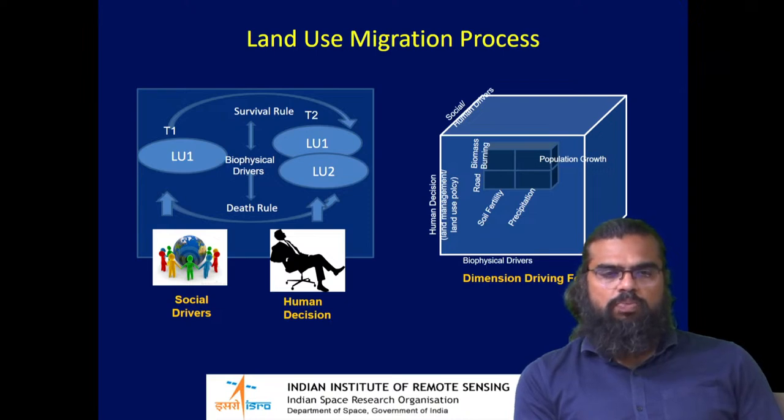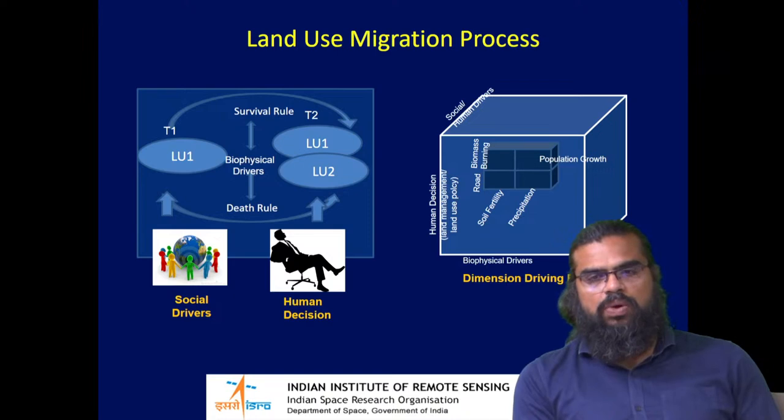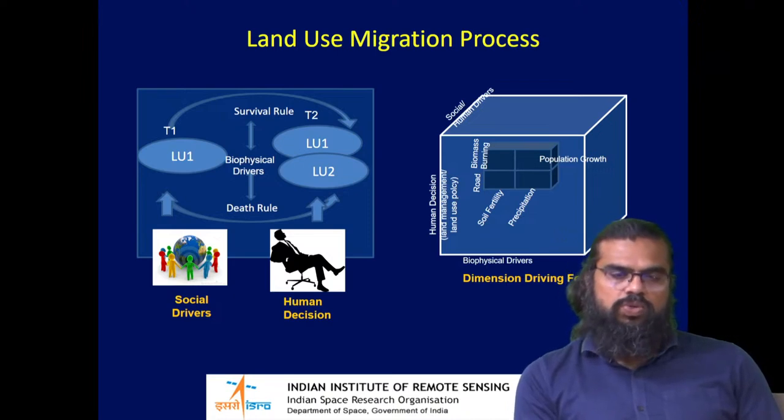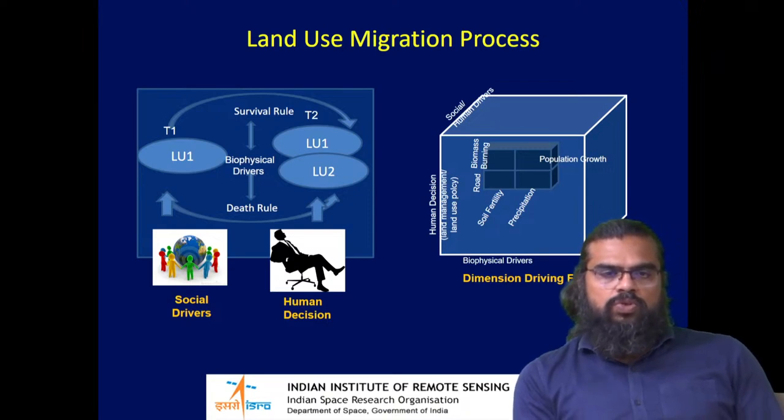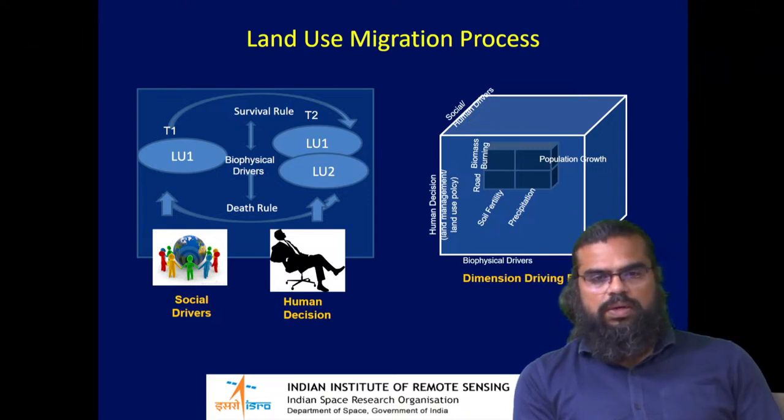As government or policy managers, somebody has decided that a larger airport has to come, or a larger commercial area, or a certain economic zone has to be built at particular places. Those human decisions, along with the socio-economic drivers, are going to influence the survival and death rule of these classes.